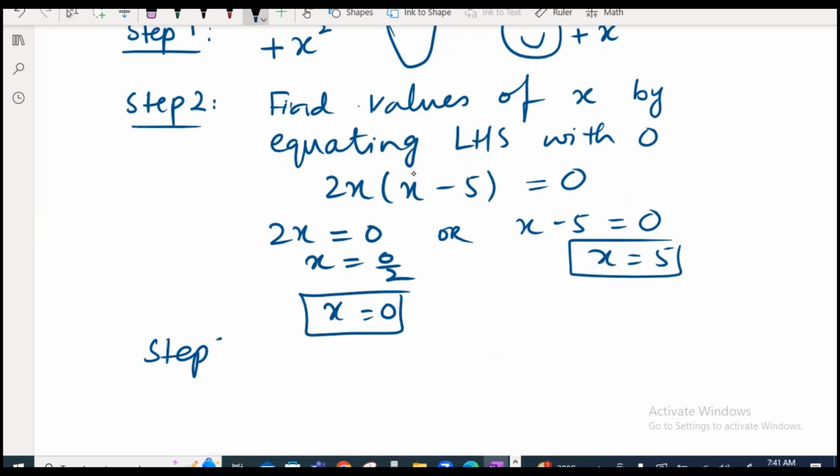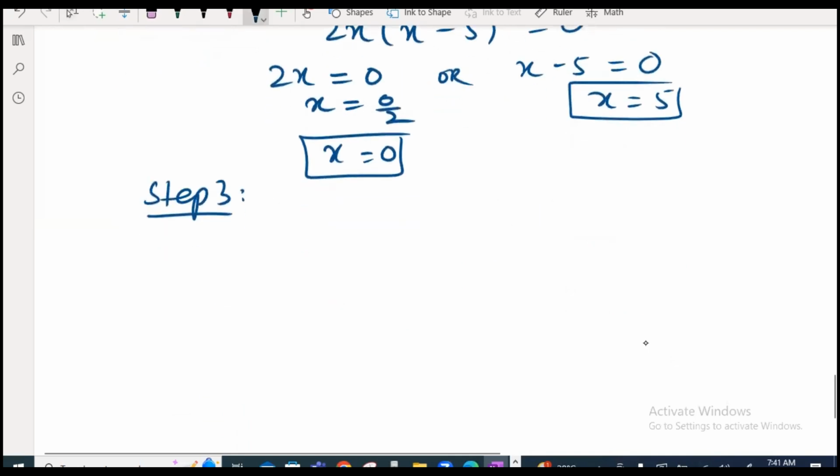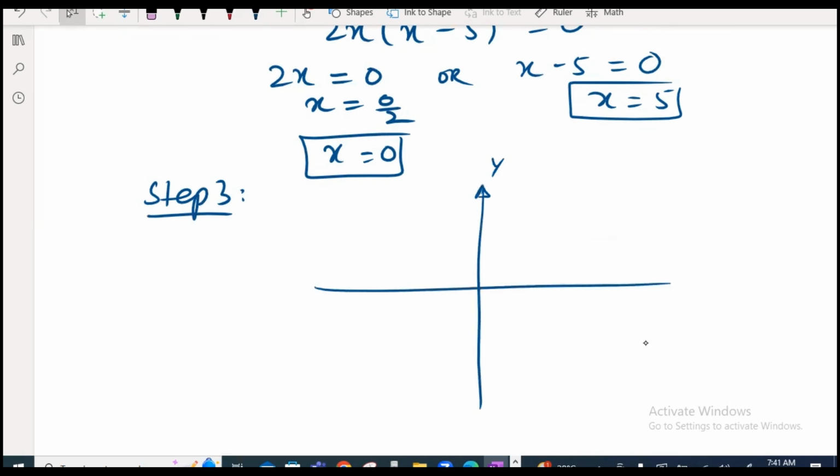So in step number 3, sketch the parabola with the help of these two values, 0 and 5. So I'm going to sketch this. This is the y-axis, this is the x-axis here, 0 and 5. Going to sketch the parabola.